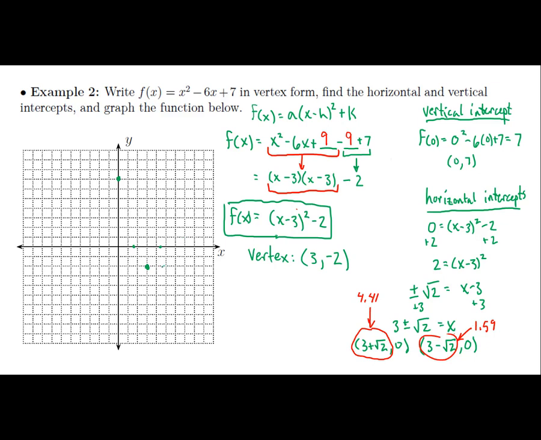All right, so I've got a lot going on here. Now, one thing I want you to notice is if you look at 3, I've got an equal distance from the x value of my vertex to the left and to the right to get those x-intercepts. So we can also use that idea of symmetry. We know that we have symmetry with parabolas, right?